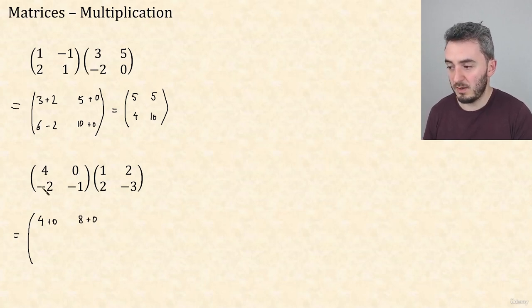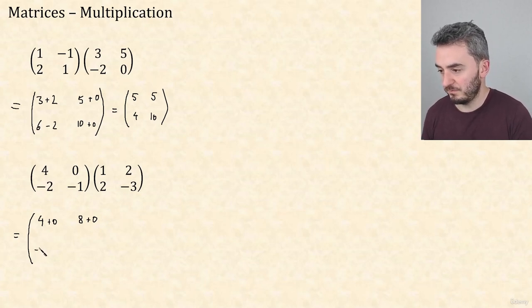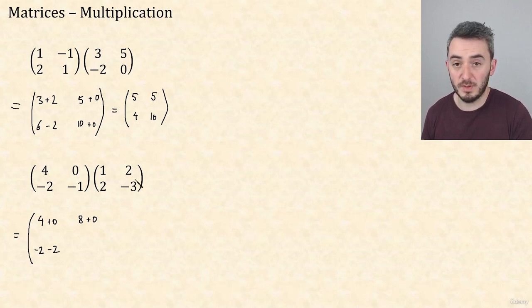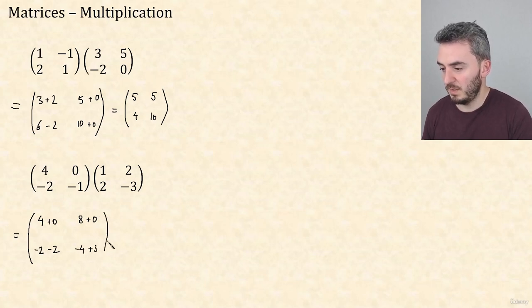Now I shift down to the next row. Minus 2 times 1 plus minus 1 times 2. And then I stay on the bottom row, move over to the right-hand column, minus 2 times 2, and minus 1 times minus 3. And so the answer here is 4, 8, minus 4, minus 1.